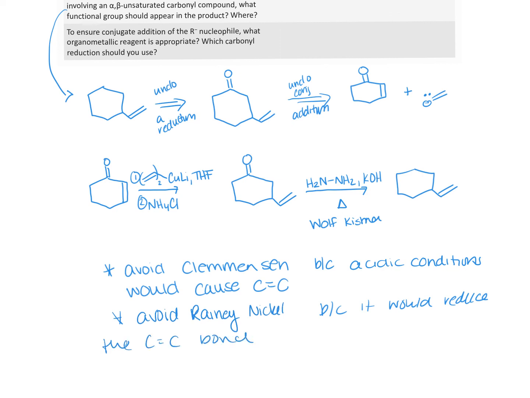Our issue here is we have two functional groups, a functional group here and a functional group here. We want to reduce this, but leave this one alone. The best way to do this is using the Wolff-Kishner, because both of these other reactions would also react with this. So lots of things to consider here.